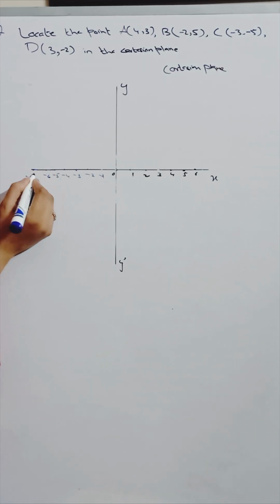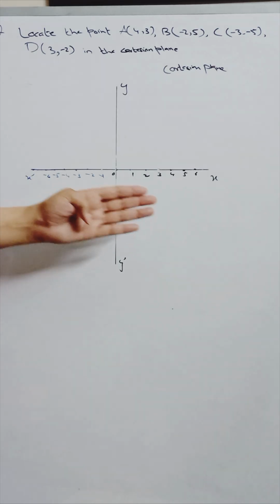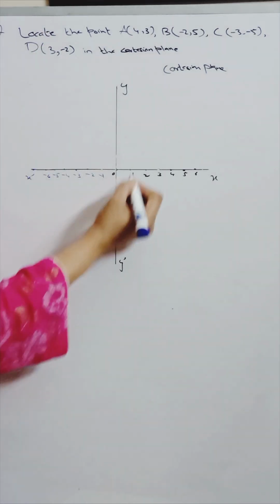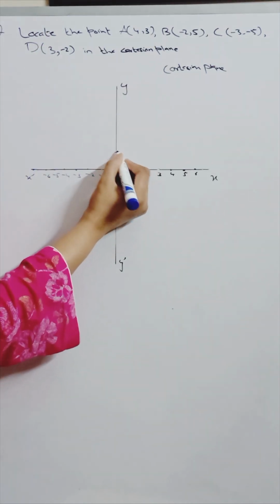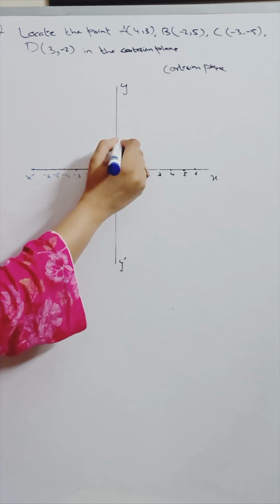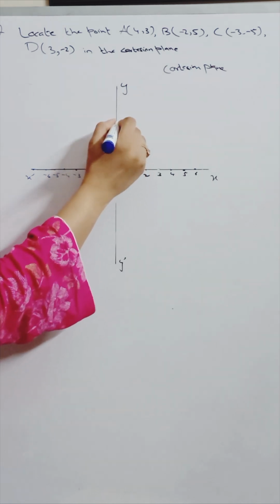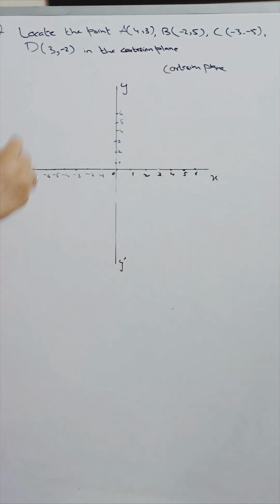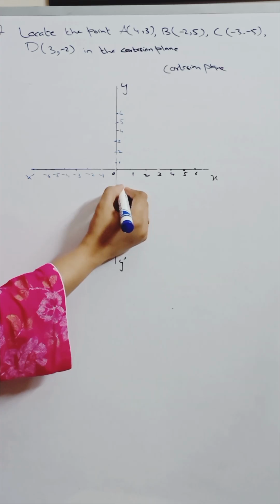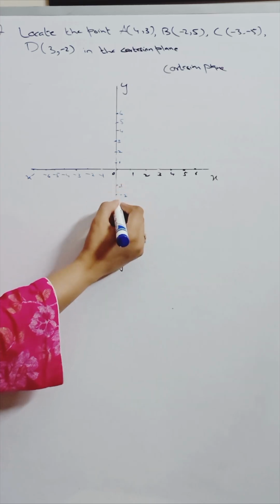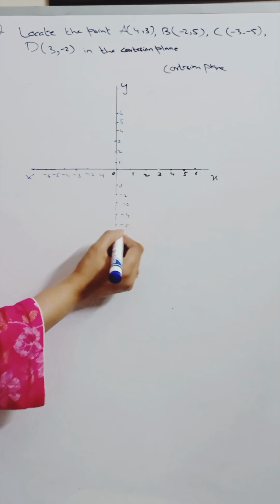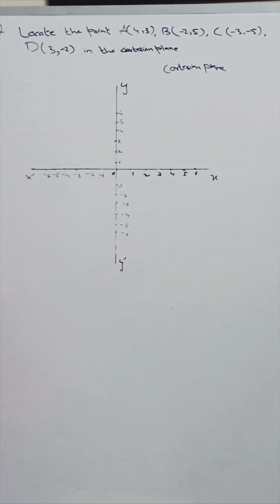Just extend it to represent x dash. I hope it's clear. This is the positive x-axis and this is the negative x-axis. Now y: do the same on the upper side, 1, 2, 3, 4, 5, 6. Now the downward side: -1, -2, -3, -4, -5, -6.